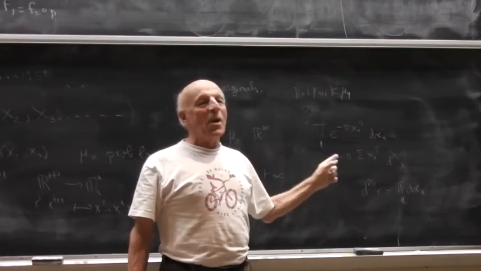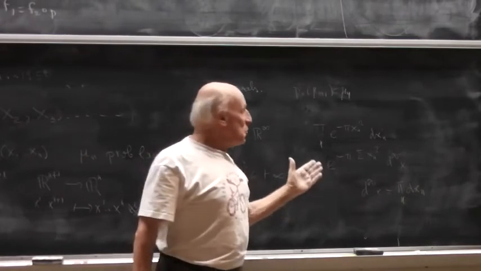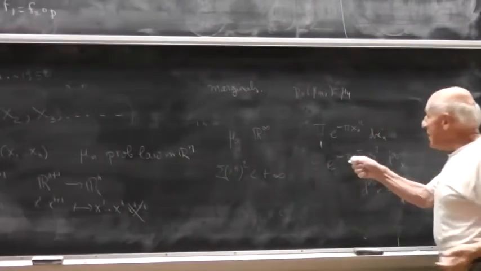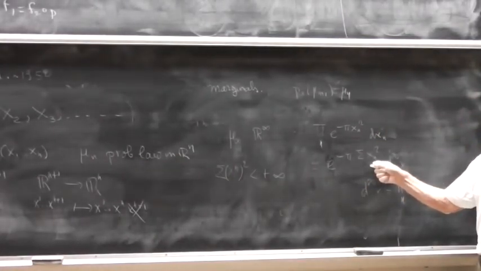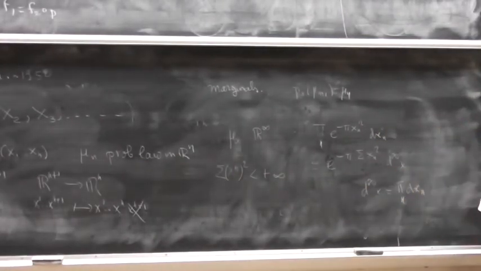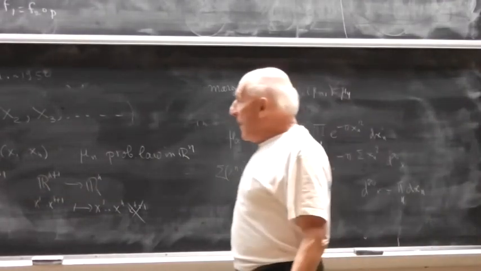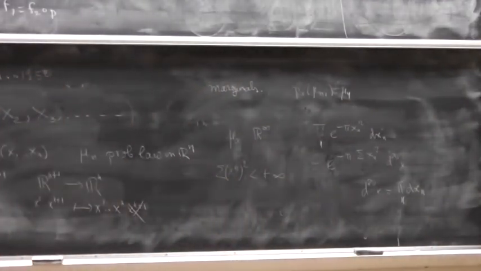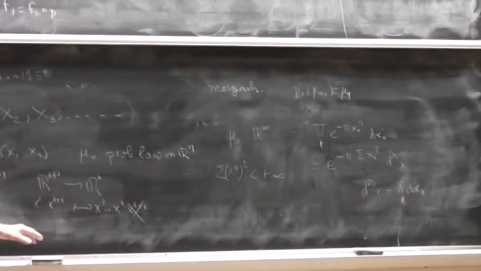With probability 1, the sum is plus infinity. So with probability 1 you get exponential of minus infinity, which is 0. It doesn't exist. So that's one of the difficulties.